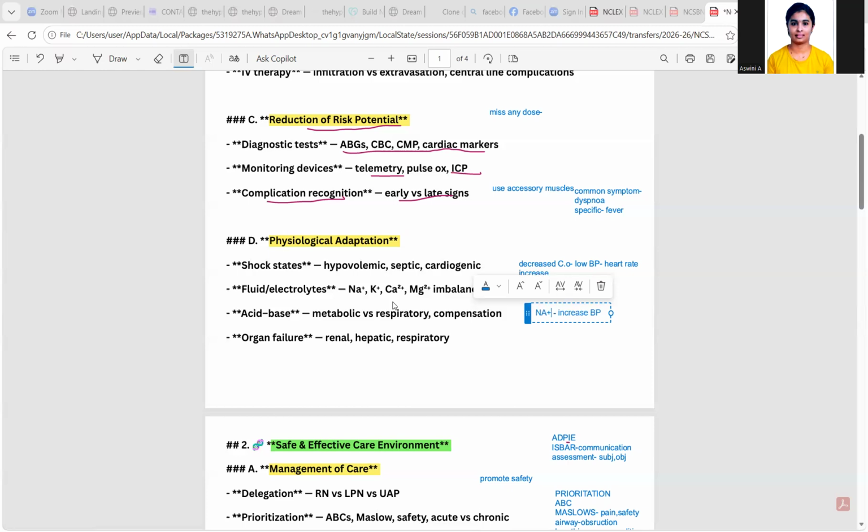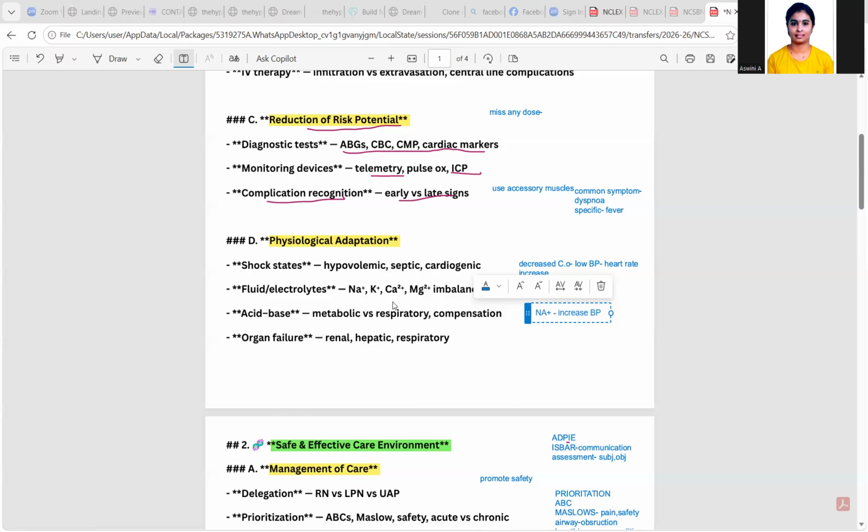We need to check the respiration, because magnesium sulfate can cause respiratory depression. Also, it can decrease the urine output. So for the patient getting magnesium sulfate, before the administration of each dose, we need to check the deep tendon reflexes, the respiration, and the urinary output. These are some common points.